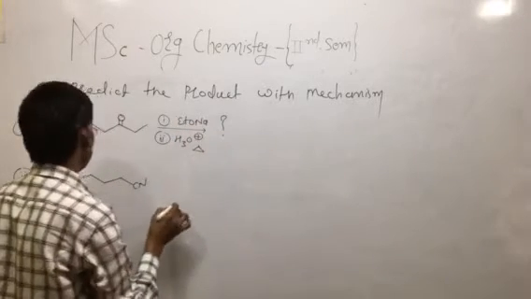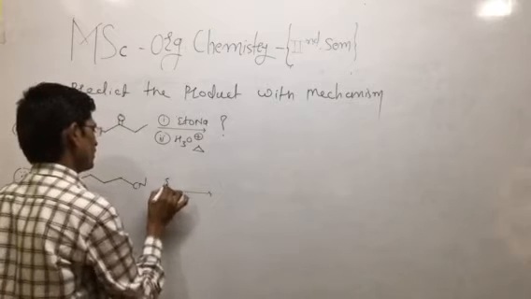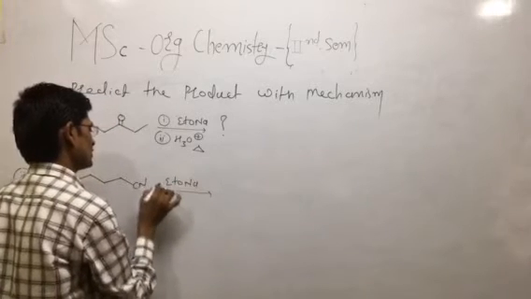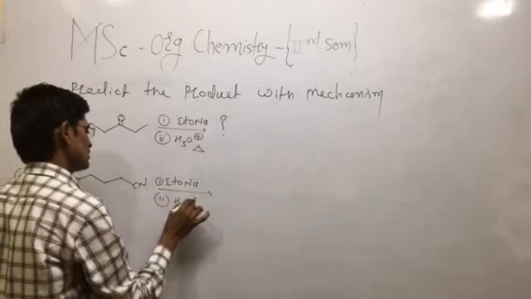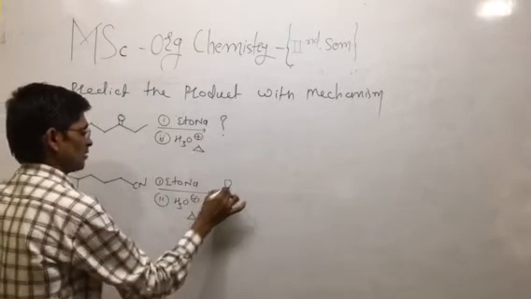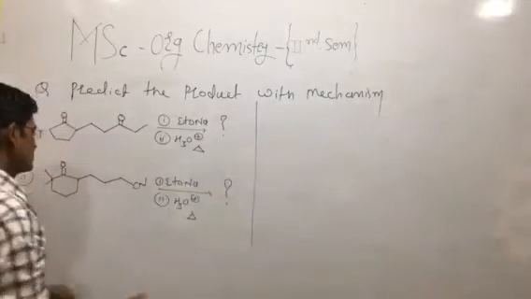Predict the product with mechanism. Again, the first step is the basic condition, and the second step is the acidic condition. What happened? Again, predict the product with mechanism.